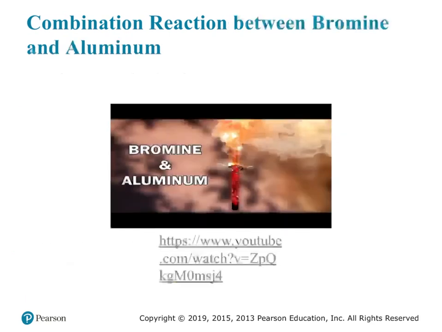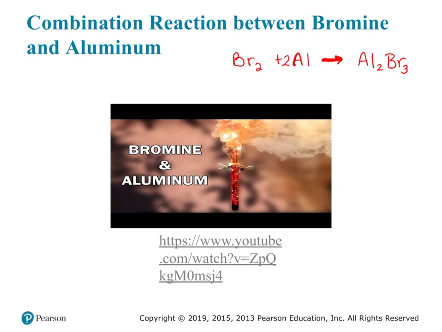So let's look at an example of a combination reaction. So this is a reaction between bromine and aluminum. So Br2 plus Al, and then that ends up forming Al2Br3, and then we have to balance our reaction, so we need 2 aluminums on each side.